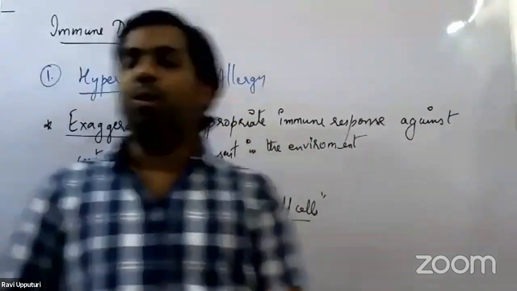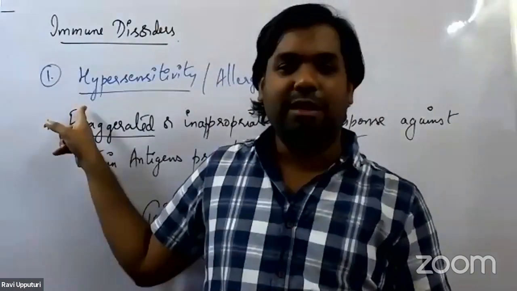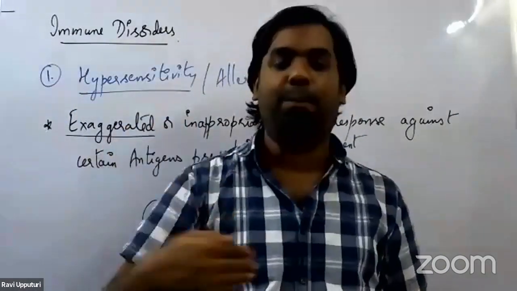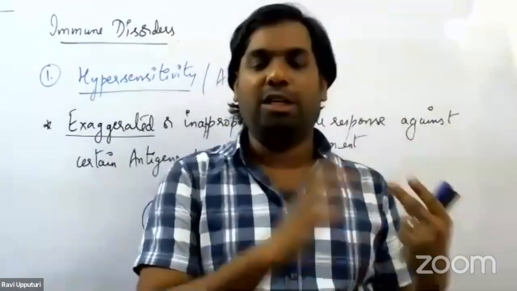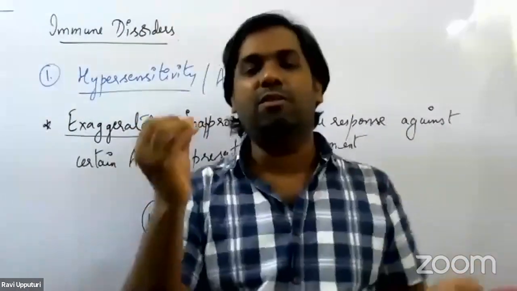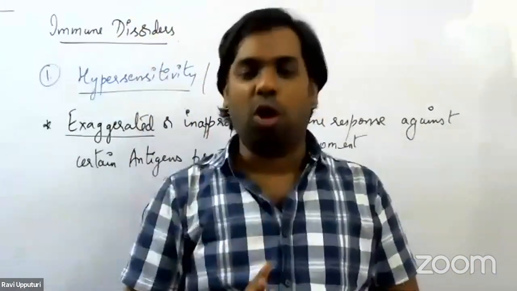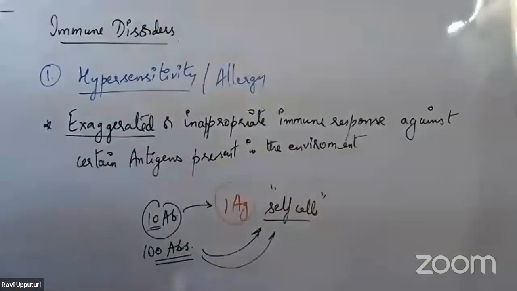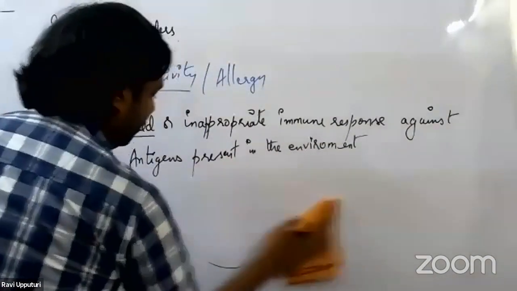That condition we start calling hypersensitivity. Hyper is nothing but more. Hyper means more, and sensitivity means being sensitive to something. Actually speaking, in hypersensitivity, some individuals are sensitive to a few things, whereas for others it would be absolutely normal. We'll talk about that also. So this is what we mean by this definition of hypersensitivity.